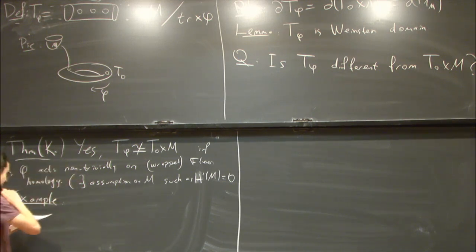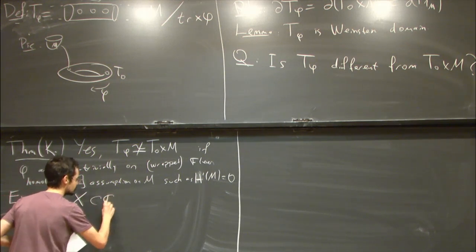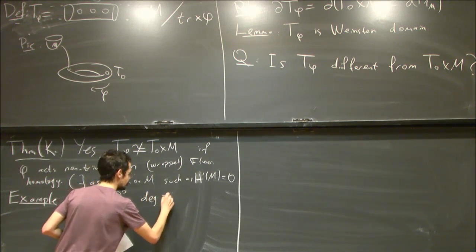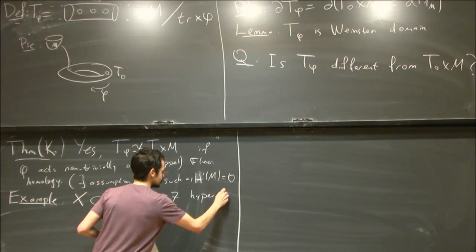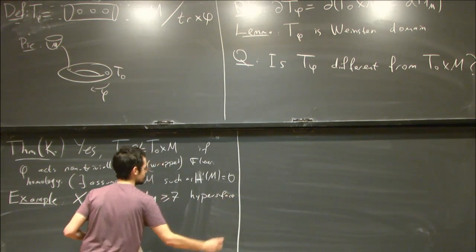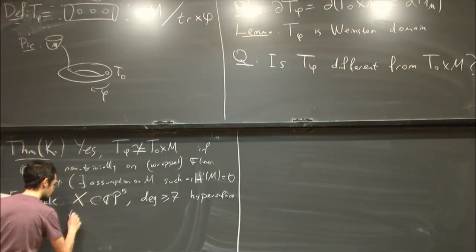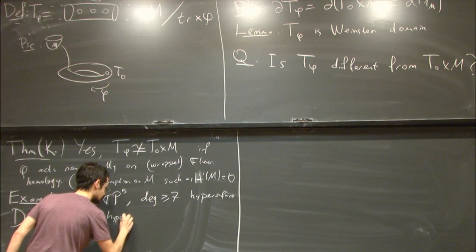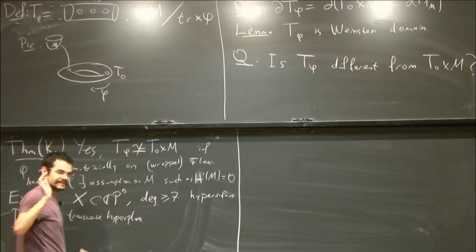So there are assumptions on M, but there are plenty of examples satisfying the assumptions. One example that I can give is, for instance, take a degree at least 7 hypersurface in CP5, and take a transverse hyperplane section. No, actually the converse is not true, sorry. We can discuss this later.